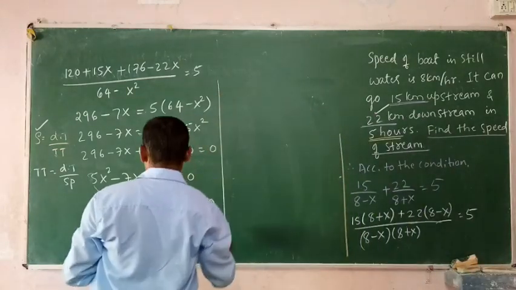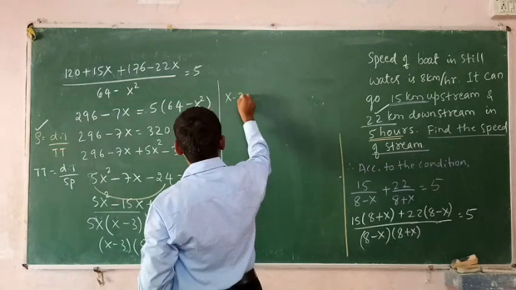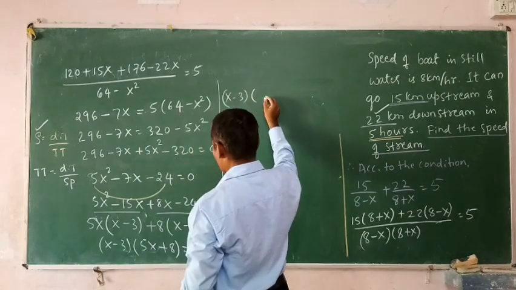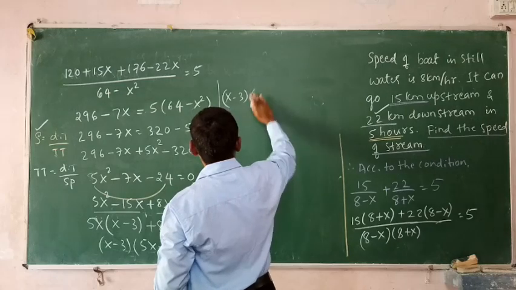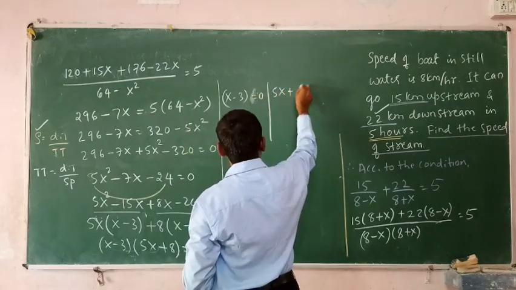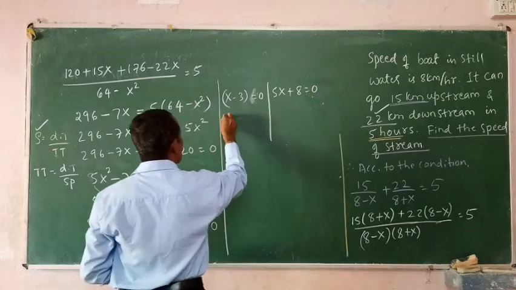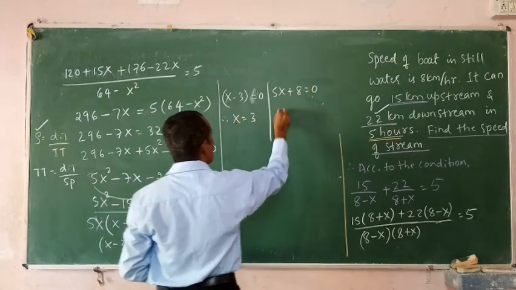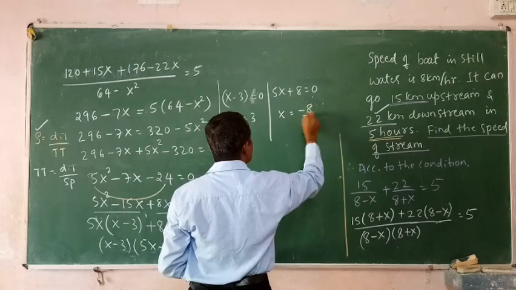So x minus 3 is equal to 0, 5x plus 8 is equal to 0, therefore x is equal to 3, x is equal to minus 8 by 5.